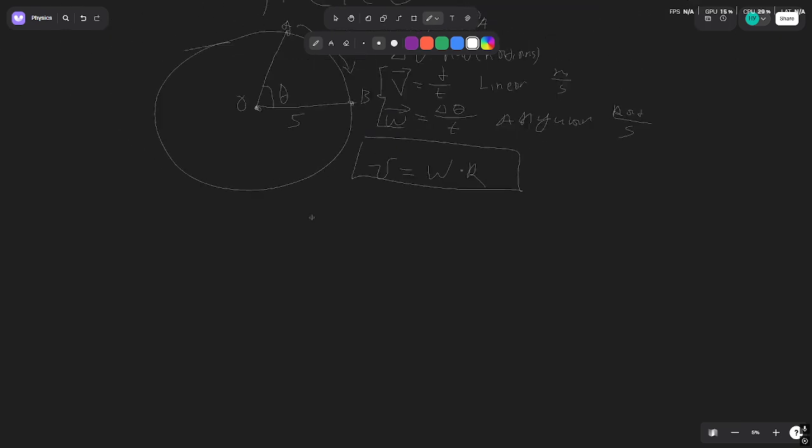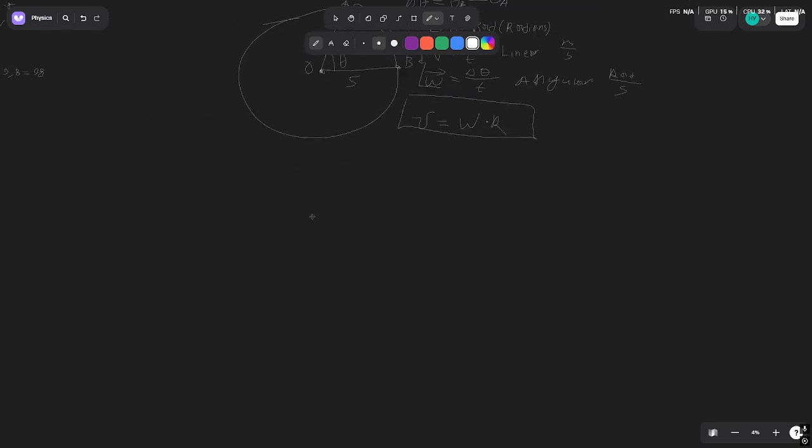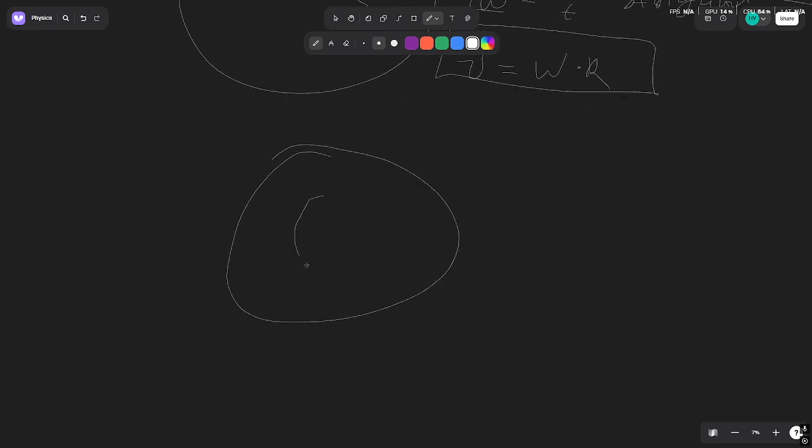And therefore, we can do another circle and another one inside this one. So we got a point A and we got a point B. Let me ask you a question. Which velocity, of point A or point B, will be greater?